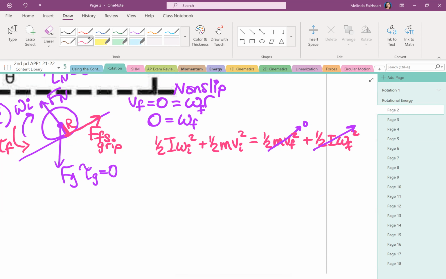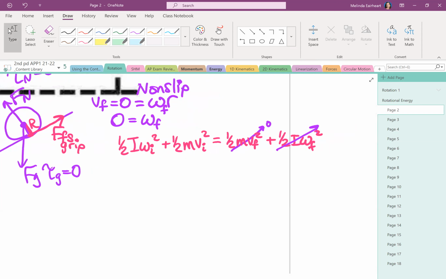And so what's left? Where does all this energy go? Exclusively to MGH. So that non-slip condition stops the rotation. Gravity, just like boxes on a ramp, is going to bring it to a split second linear stop. So all that energy goes all into MGH.